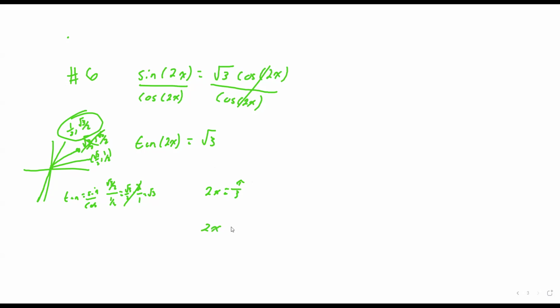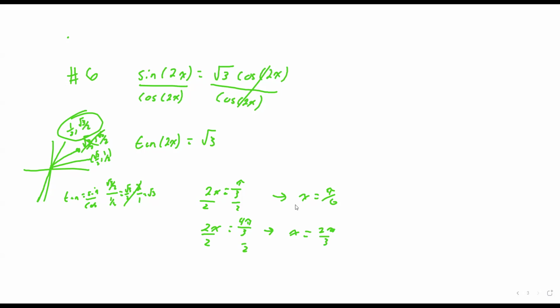And then 2x would also equal, so this is 60, 120, 180, and this would be 1, 2, 3, 4: 4 pi thirds. And then we would just simply divide by 2. So x would equal pi sixth. And x would equal, what's that going to be? 4 pi over 6, which is 2 pi thirds.